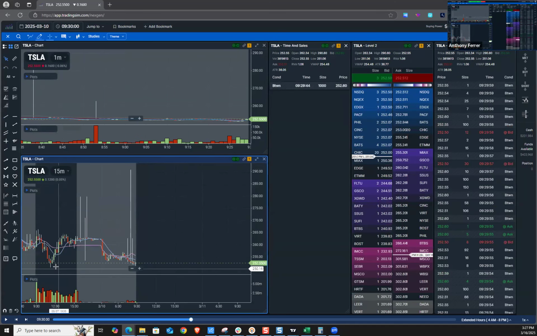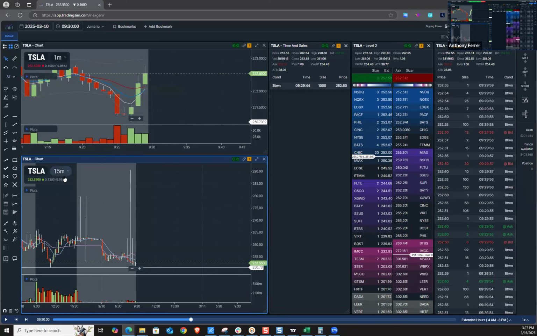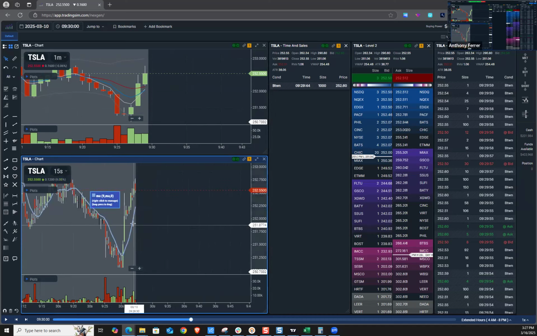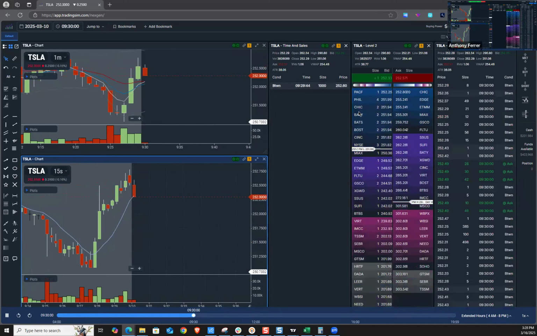Like 250.70, it looks like. And so we're gonna play from the open, and this is gonna be 2 minutes. So let me go. Got a 1 minute. So since this is the open, I'm just gonna do a 1 minute and like literally a 15-second. It should be on 1x.